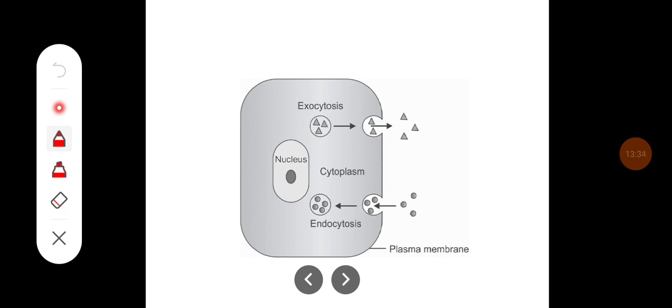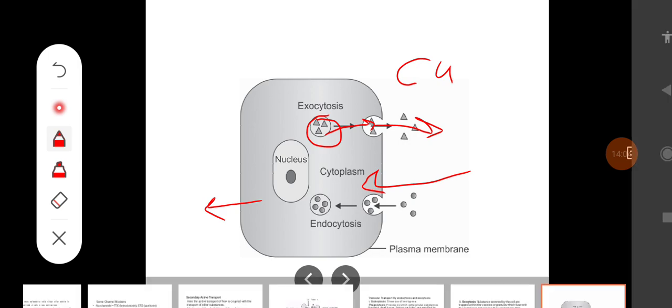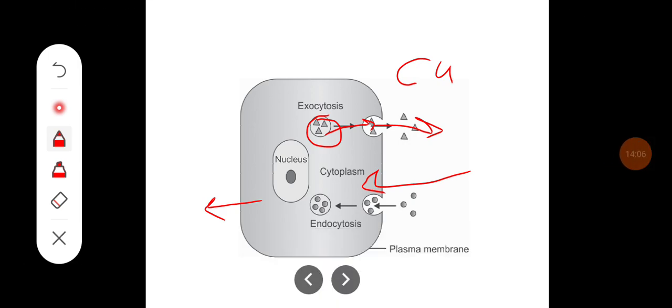Okay, so here some of the substances which are secreted by the cell itself are trapped into the vesicle. Then these vesicles fuse with the plasma membrane and then there will be exocytosis. And if endocytosis occurs at one side and exocytosis occurs on the other side of the cell membrane, then there can be actual transfer of molecules from one side to another side of the cell, which is called transcellular transport.